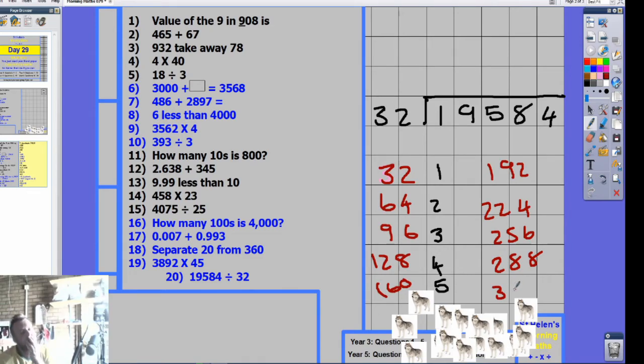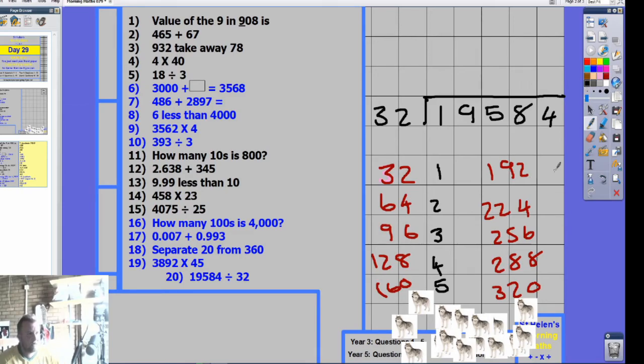No, it can't be 320, because it'd be 290 plus 30. No, 320. Let me just 100% check over here. 32, 64, 96, 128. Yeah, that's right. I think that's all good. I think we're okay with that.